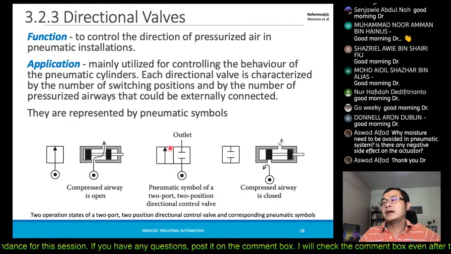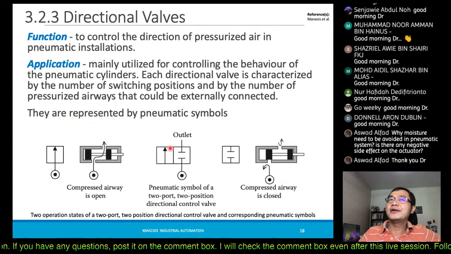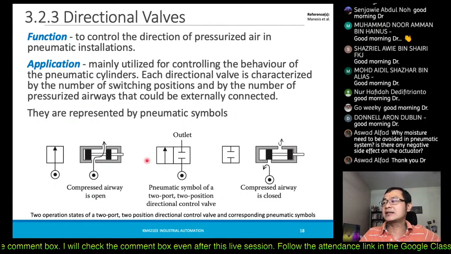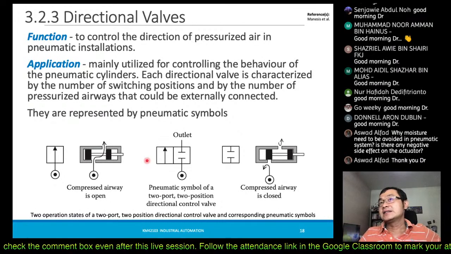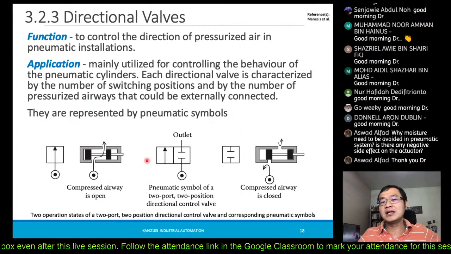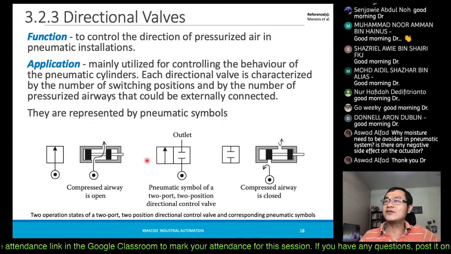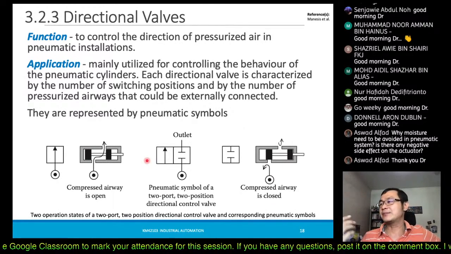Here is the common schematic of a pneumatic system. This type of schematic is similar to the hydraulic one, so if you can design for this, then hydraulic would be something similar.